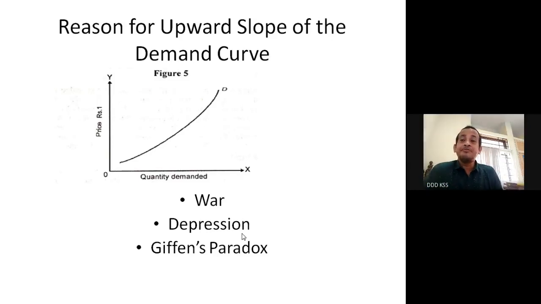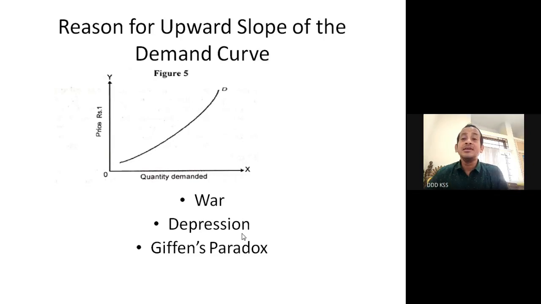During the depression phase of the economy, consumer purchasing power usually goes down. And at that time, if companies give promotion and discount also, the sale of the company does not increase, and the demand curve will have an upward sloping movement.